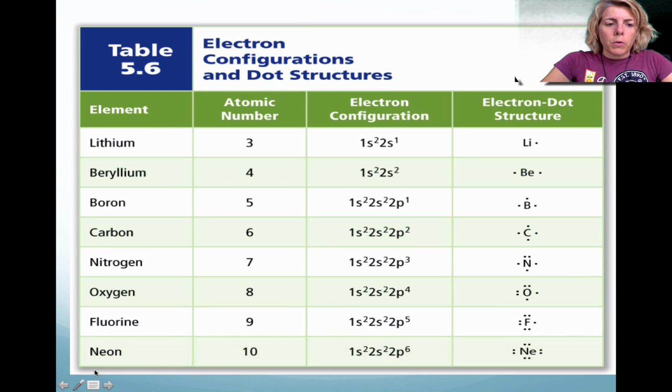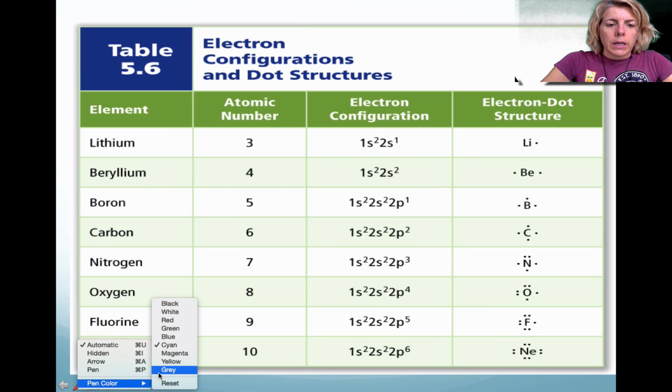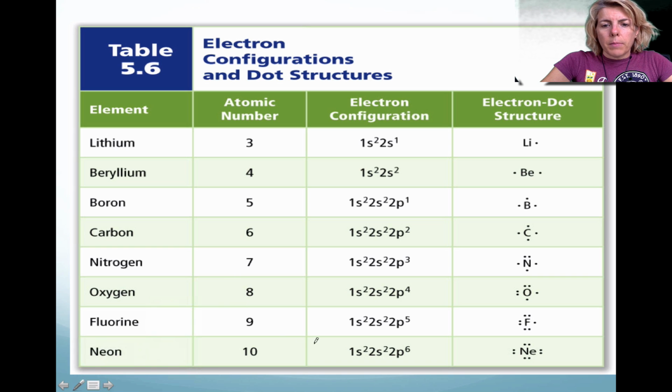So this is from your textbook, and I want to just show you here. Here we have neon. So neon has a total of 10 electrons, and the first 2 are in the 1s2 orbital, and then the next 2 are in the 2s2 orbital. And then lastly, we have 6 left over, and they're essentially in the p orbital.